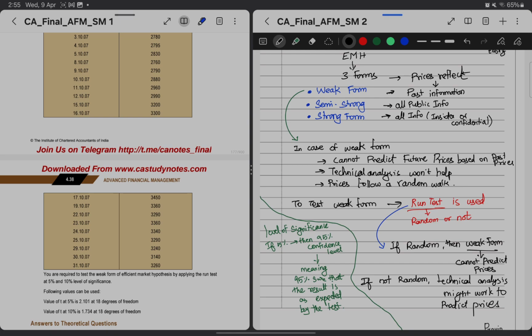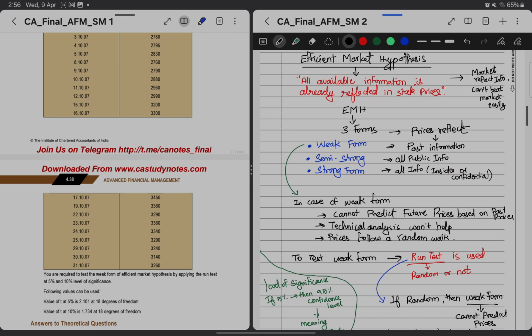If I have a level of significance of 5%, then that much it can go wrong, so it signifies I am 95% confident in the result. In our case, in this run test, I am 95% sure whether this will be random or not random, right? Okay, now we understood the basic terms of efficient market hypothesis and weak form.